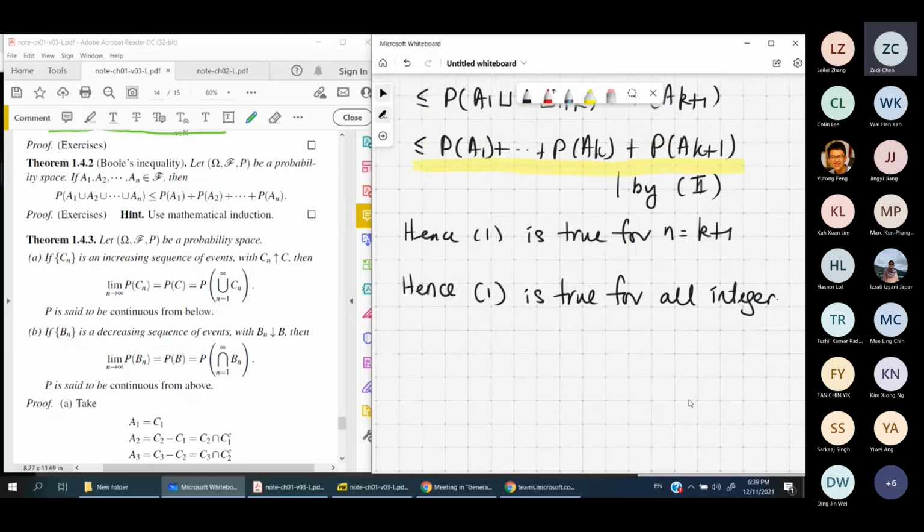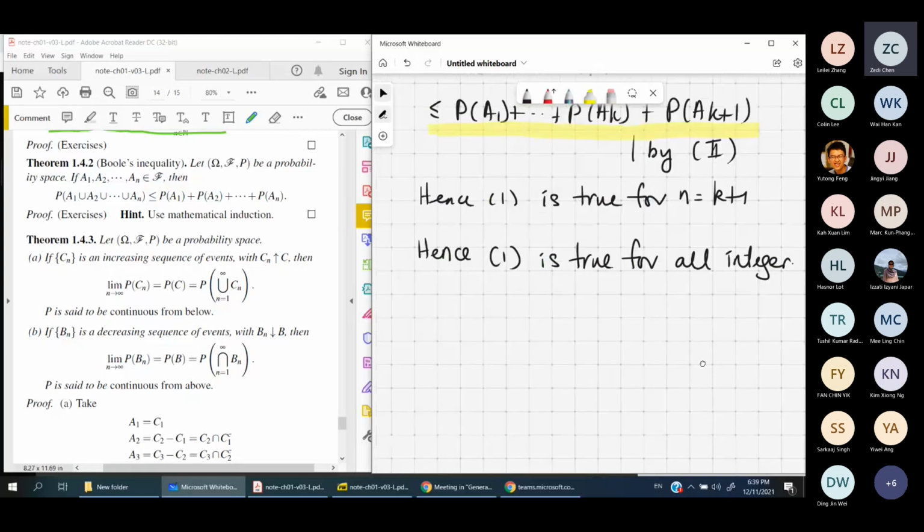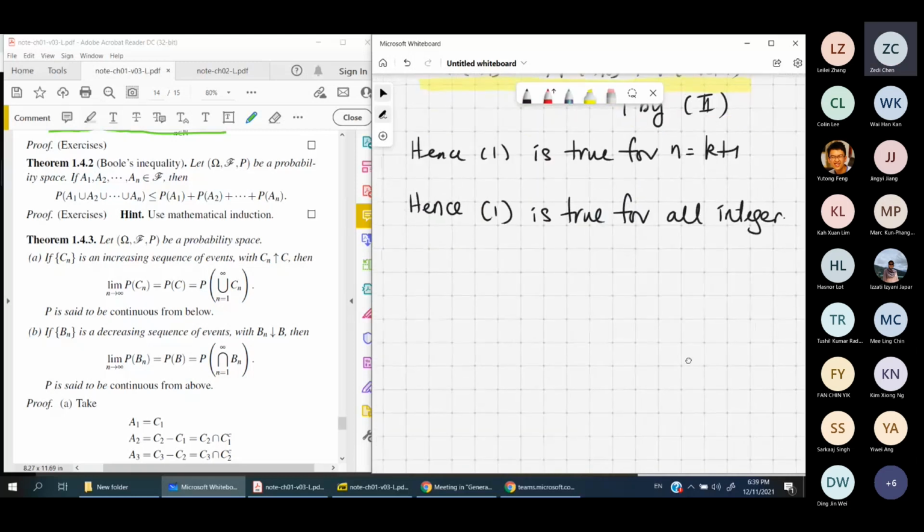Right, so this is actually something that you should have seen in your calculus course. This theorem is just to demonstrate the idea of how to prove this. Next, this is a very important one, theorem 1.3.4. Please remember these two formulas, as we are going to use them quite frequently in the following chapters.